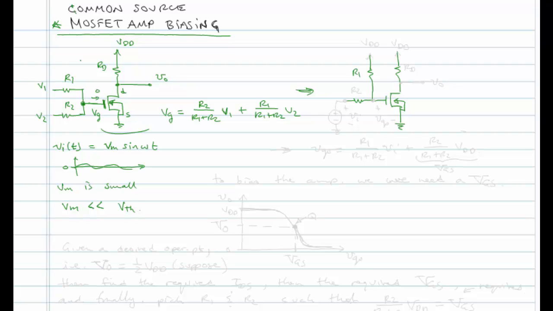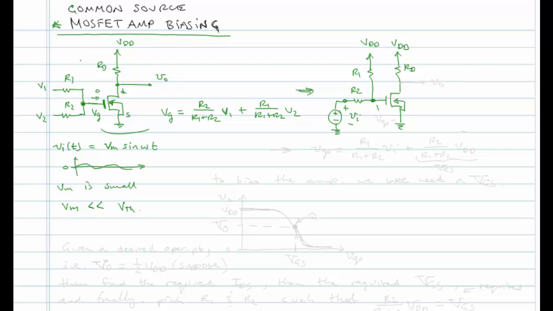So we'll have R1, have R2, and this will be our Vn right here. And because we already have a voltage VDD, instead of using the voltage V1, I'm just going to tie R1 up to VDD.